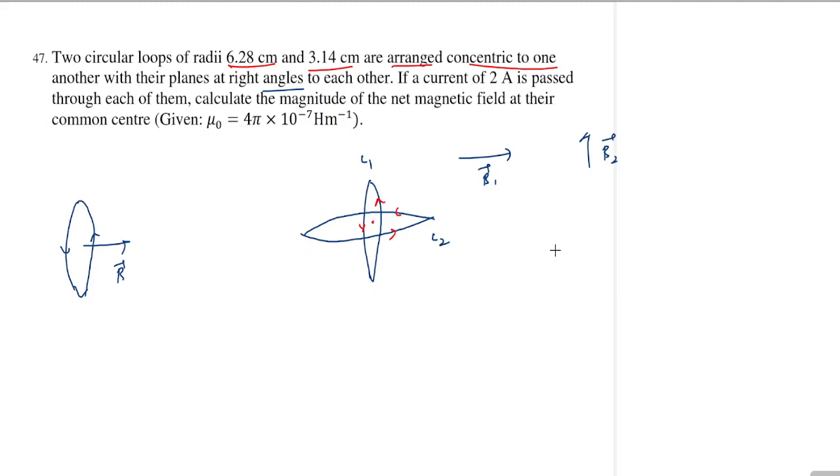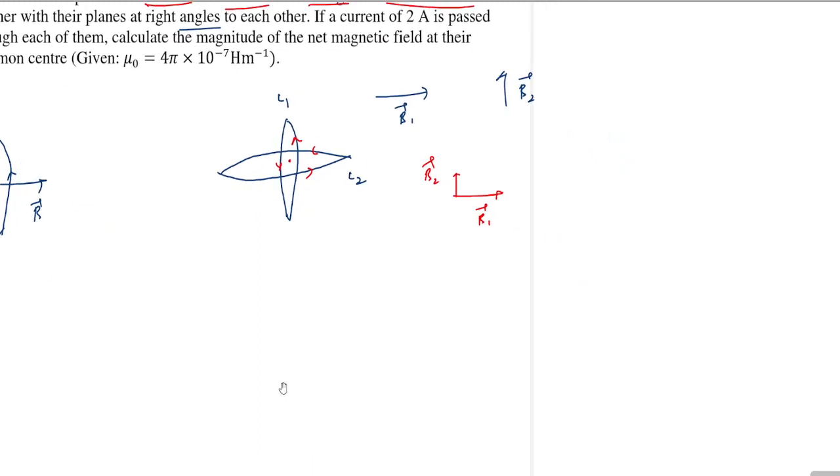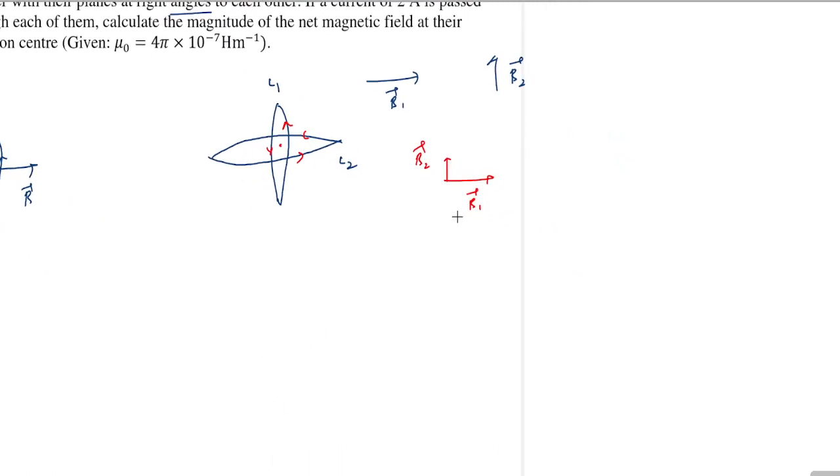So if we redraw them, we have B1 which goes out like this and B2 which goes out like this. This will be B2. Now we need to find the net field. Now we have two vectors which are normal to each other.